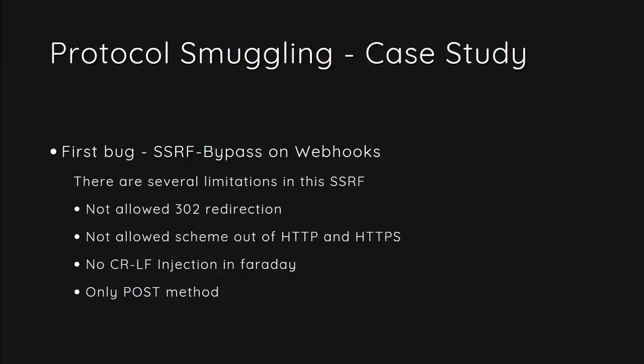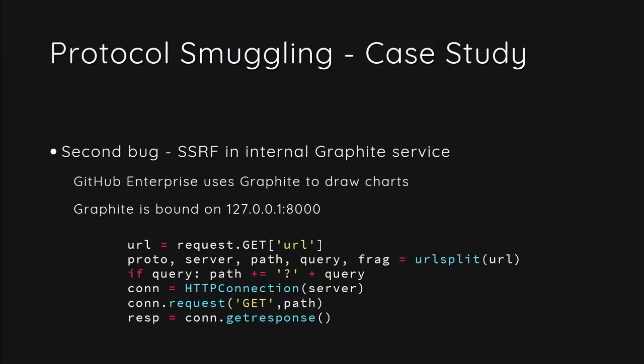This is also a POST-based SSRF. We can't even control the header or the POST data. The most important thing is there is no CRLF injection in this SSRF. So we have an SSRF, but with lots of limitations.